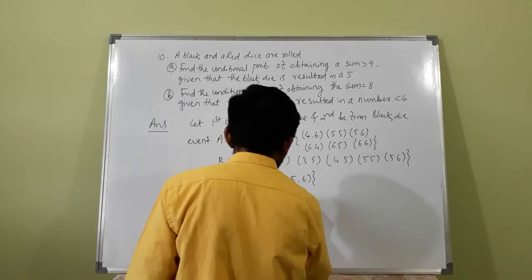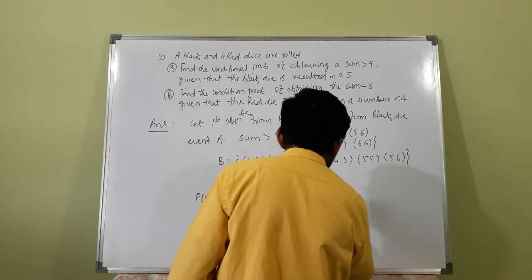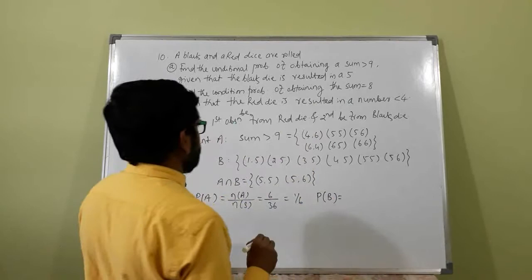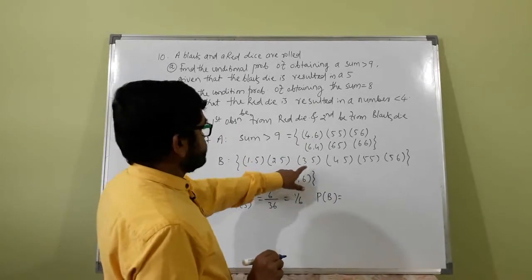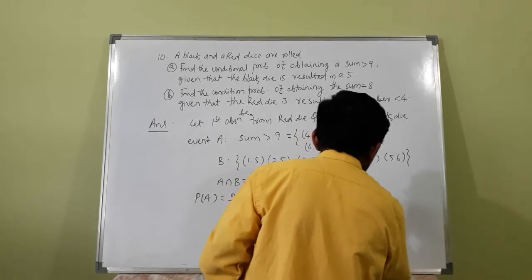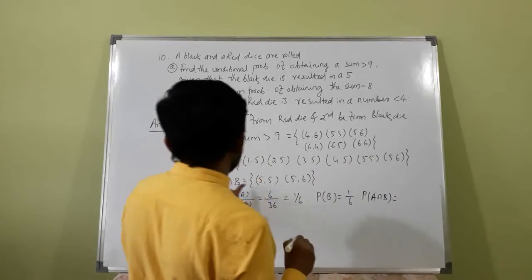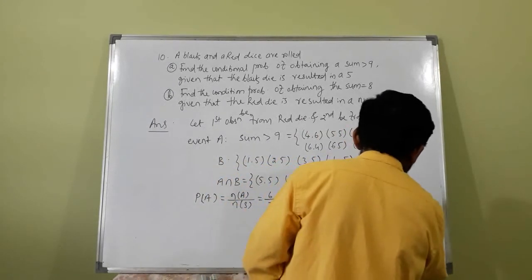That is 1 by 6. Probability of B is 6 by 36, that is also 1 by 6. Probability of A intersection B is 2 by 36.